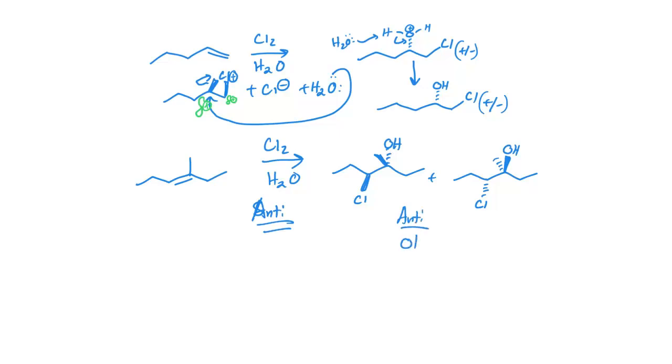I have OH on the more substituted carbon. That's the regiochemical outcome, regiochemistry. So we have regiochemistry here, the OH goes on the more substituted carbon, and we have stereochemistry here, the OH and the Cl are anti, just like we saw with halogenation.